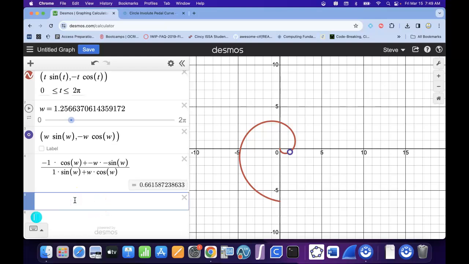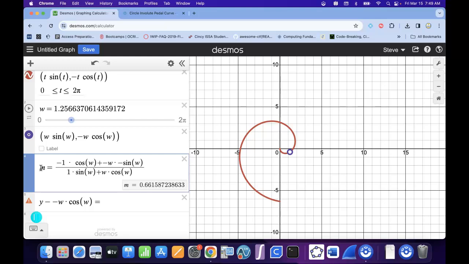So it is y minus the y-coordinate, which is negative w times the cosine of w, equals the slope. Well, I don't want to copy that whole thing, so I'm going to go here to the front of it, and I'm going to go m equals, so I'm going to grab the slope.